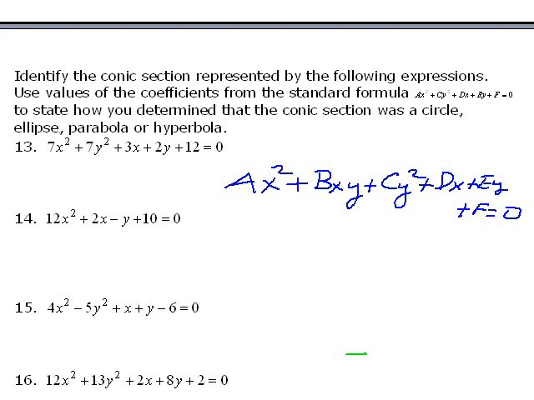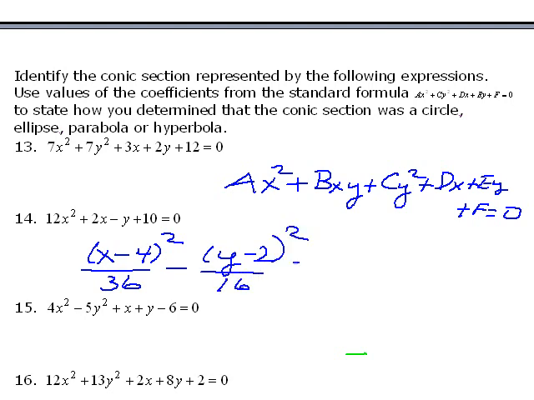That's a standard equation. The non-standard equations look like this: (x minus 4) squared over 36 minus (y minus 2) squared over 16 equals 1. That's a graphing friendly form.